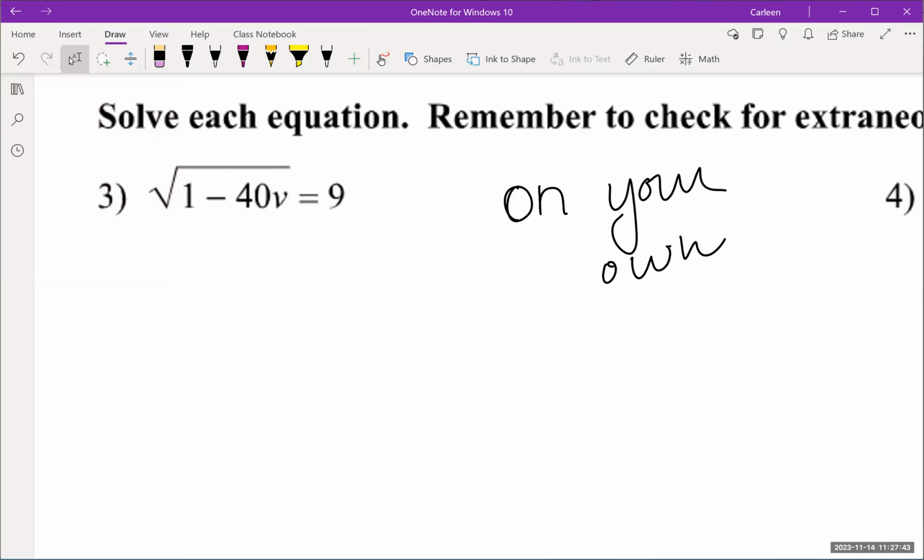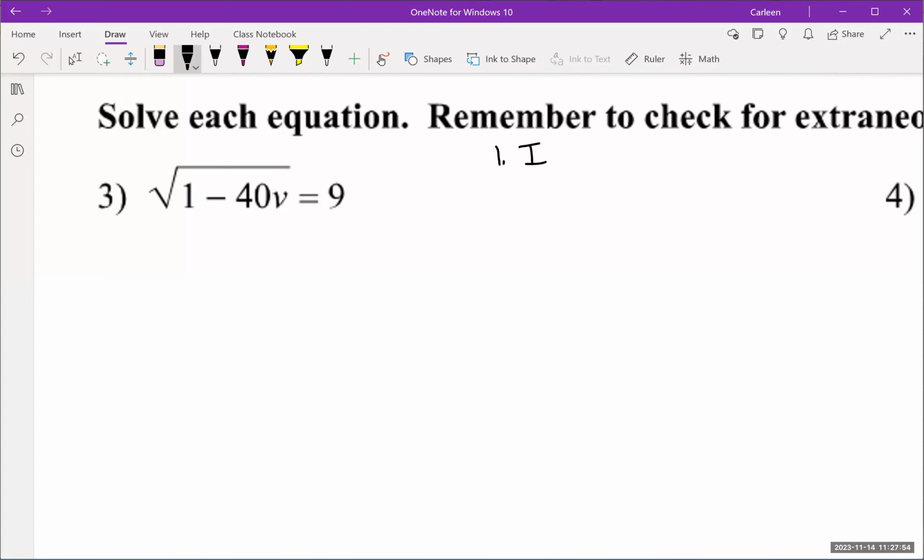Okay. We have a request for number 3. I think that's what you meant by typing that 3 in? We're going to isolate. And we're going to do the inverse. And we're going to solve. Okay, isolate.